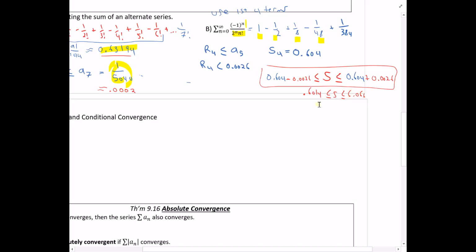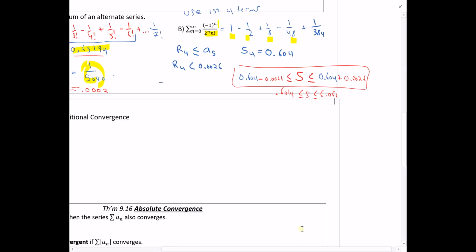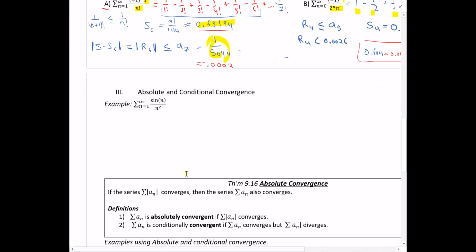So we know that the S must be between those two numbers there. That the actual sum is between those two numbers. And you can see how we could get a better and better estimate by just using more and more terms. All right, so that's the alternating series test and how to get the remainder piece there.